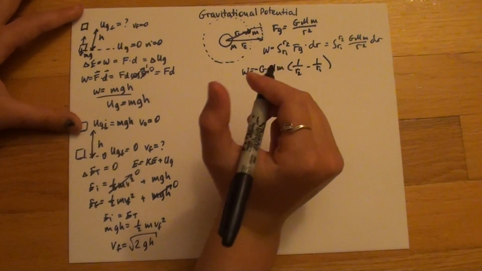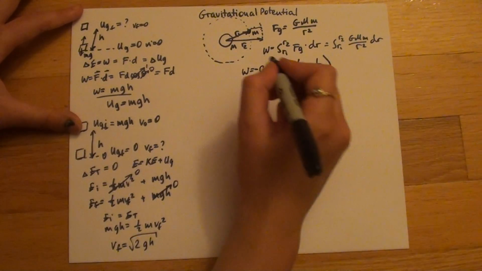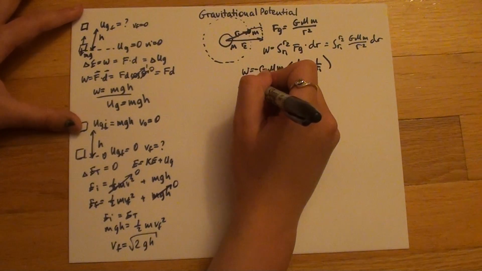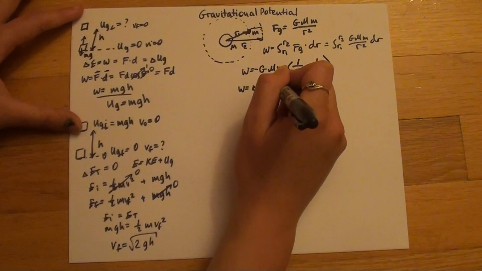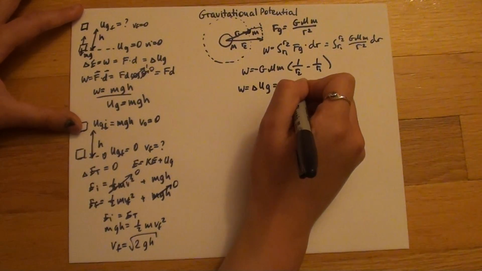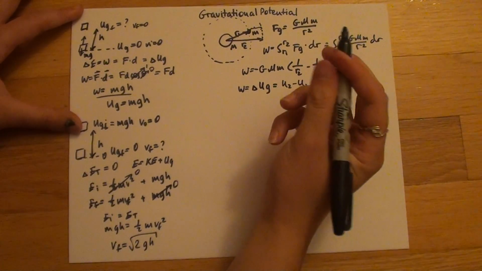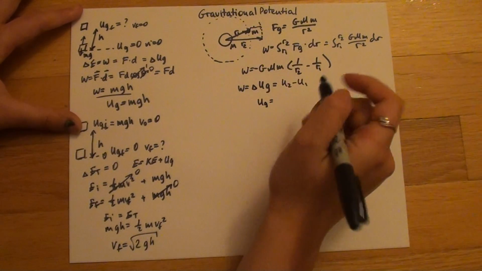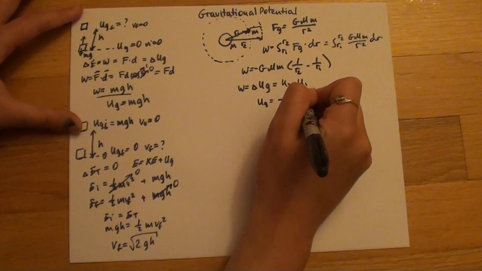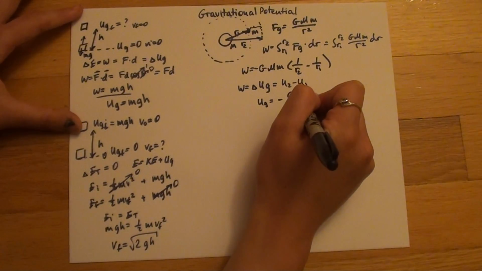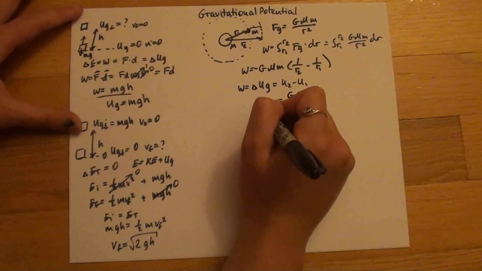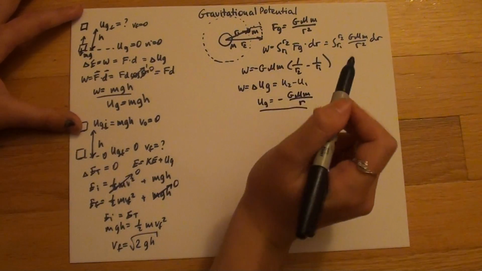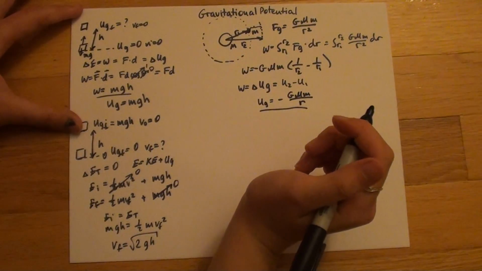Okay, so now we know that the work done was actually the change in gravitational energy, which would be U2 minus U1. So now we know that the gravitational energy in this form is written as negative Gm times small m over r. This is the gravitational potential energy of a satellite far away from a planet.